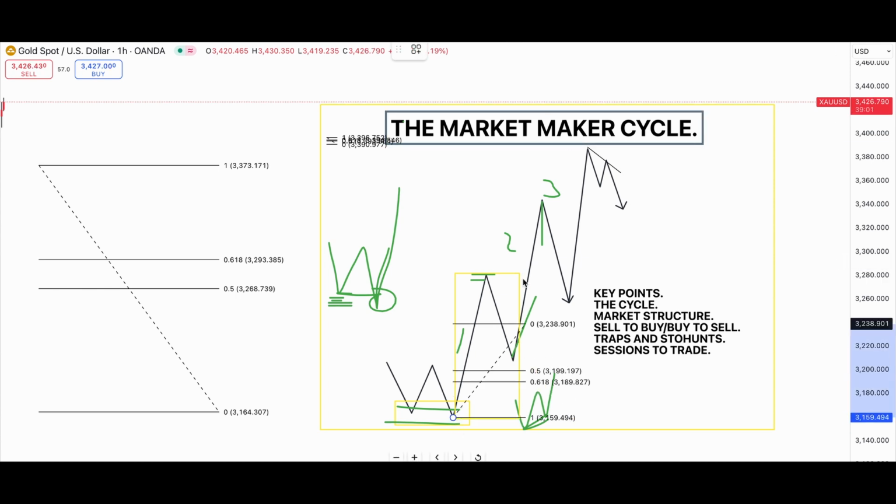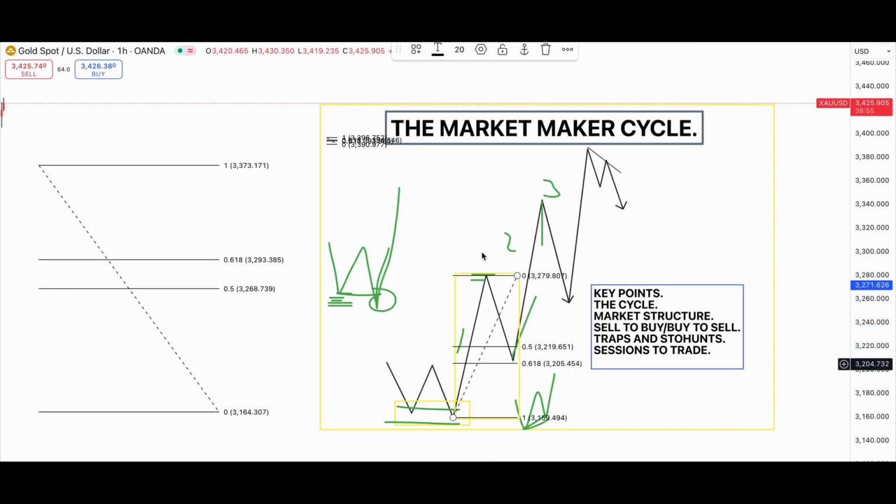From the low to the high, right, of that cycle, of that long sustained run, we wait for a pullback to the 50 and 618 Fib levels. Very simple, very simple. So we then look for peak formations, which we'll cover later on in the video, right, at these areas. But this is where we expect to see the market tap into and give us a trade to the upside, right?